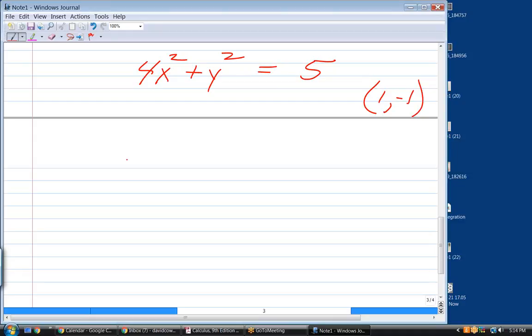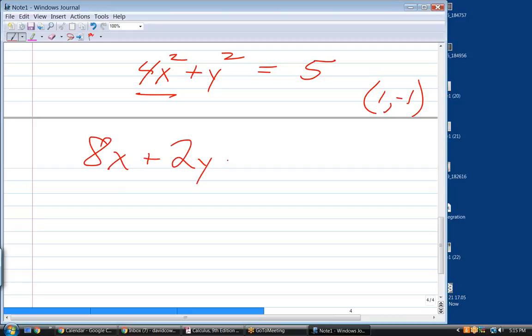So let's implicitly differentiate this. In other words, the first thing we need to do is come up with dy dx. That's going to give us the slope of the tangent line. Implicitly differentiate that term. That's just 8x. What about the next one? That's going to be 2y times dy dx.